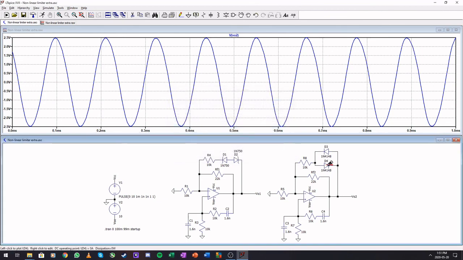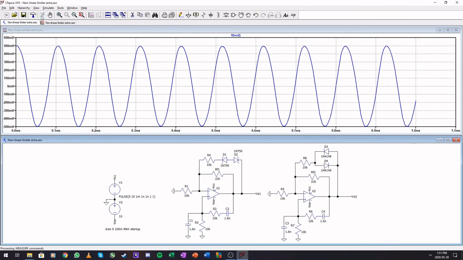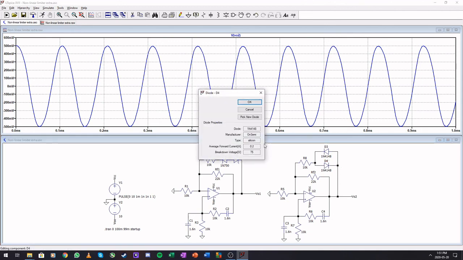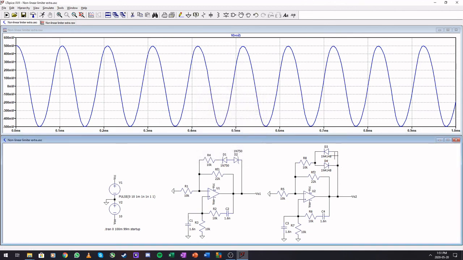And can you guess where this will be limiting the output to? If your answer was 0.7, that is very incorrect. It will limit a bit more to the 0.5 side, because these diodes switch on at 0.6 rather than 0.7, but a diode will switch on technically much earlier, more or less at 0.5.